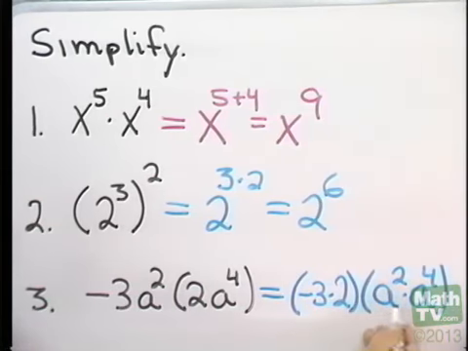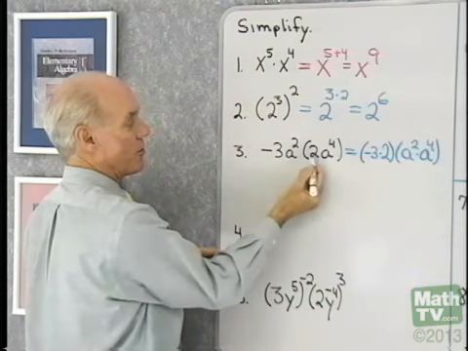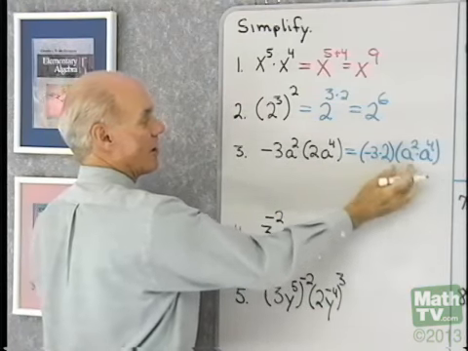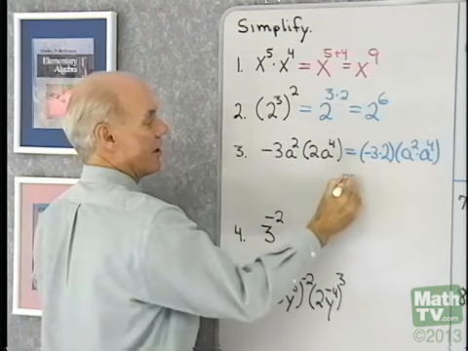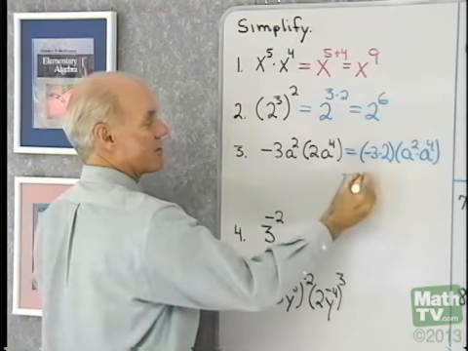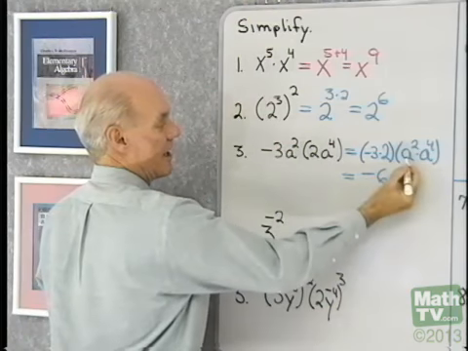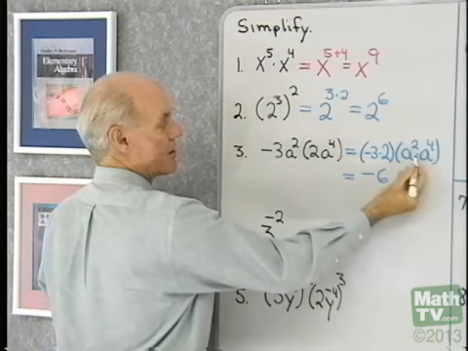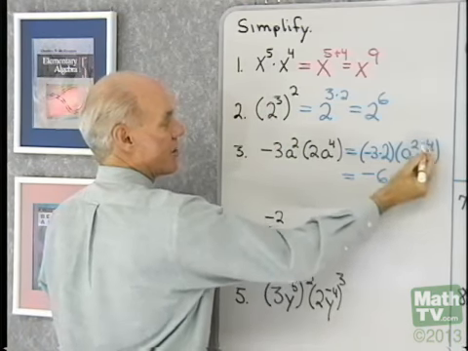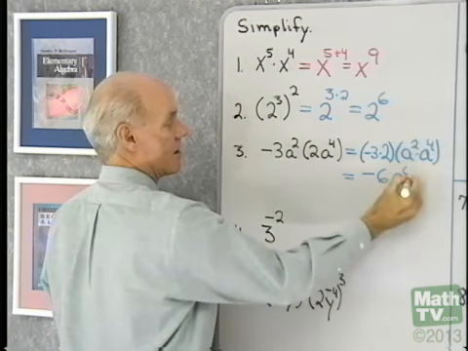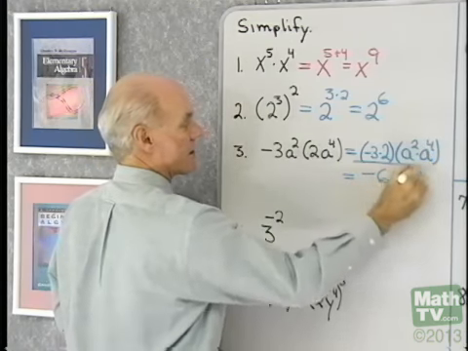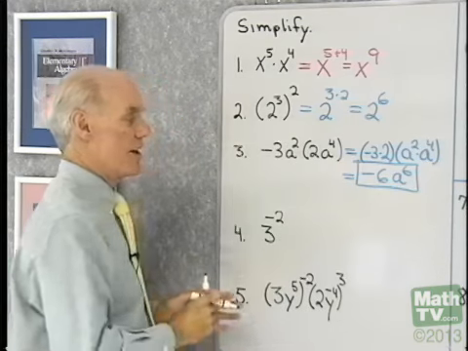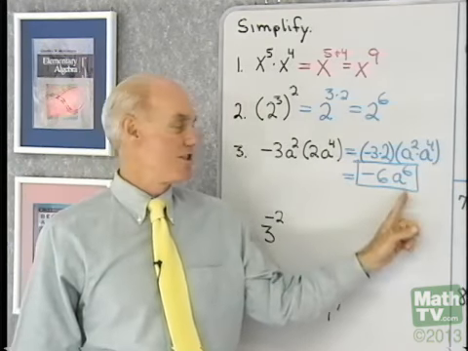So that's the commutative and associative properties. Since it's all multiplication, I can rearrange the order and I can rearrange the grouping. Now I'll just simplify. Negative 3 times 2 is negative 6. A to the second times a to the fourth. It's multiplication with the same base, so I add exponents and I get a to the 2 plus 4, which is 6. So there's my answer to that problem, negative 6, a to the 6th power.